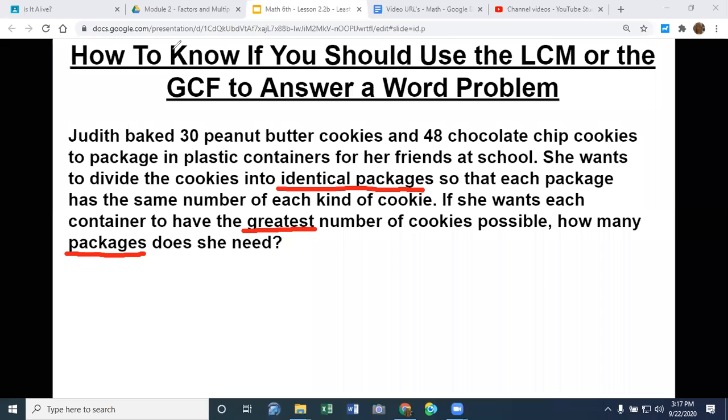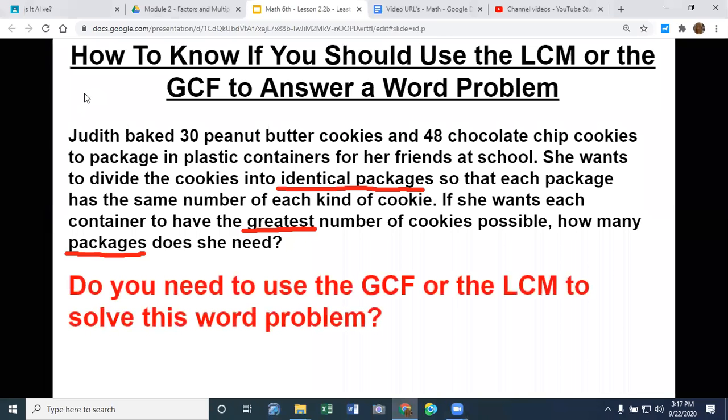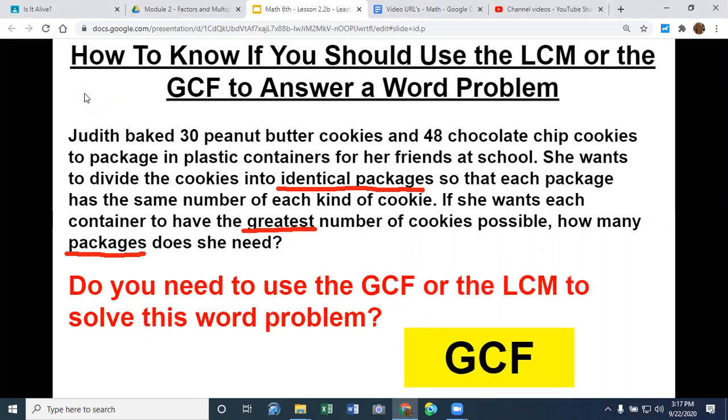What do you think? What do you think I'm going to use to solve this problem? Some keywords were underlined. Yes, greatest is in the problem. You're going to use the GCF to find the answer to this problem. That's what we did in one of our previous lessons, probably like 3 lessons back.